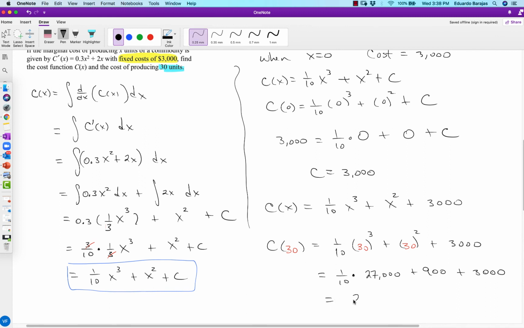So this is going to be 2,700 plus 900 plus 3,000, which then gives me 6,600. So C of 30 equals 6,600.